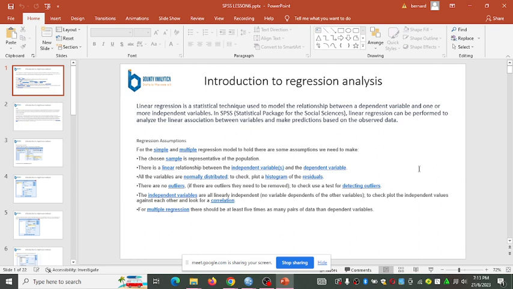We have statistical theories that come together with regression analysis, and one is the assumptions. For simple and multiple regression models to hold, there are some assumptions that we need to make, and you can test these assumptions and notice that your data does not meet all of them.